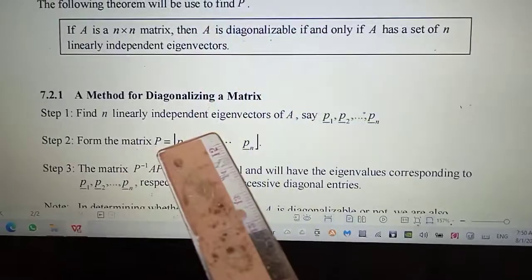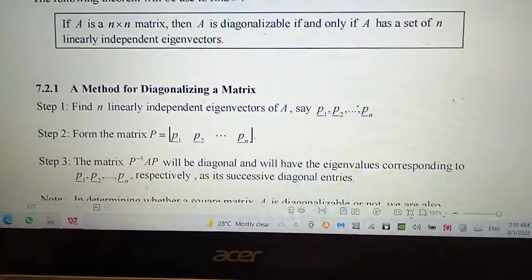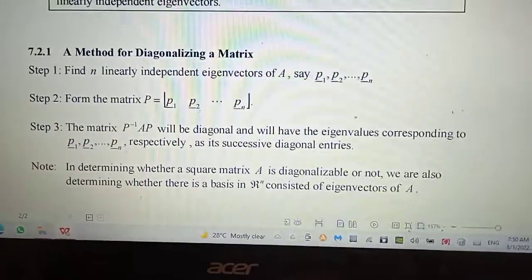So a method for diagonalizing a matrix uses these steps.